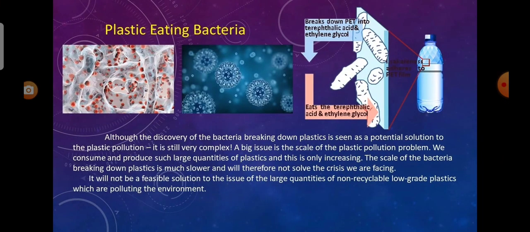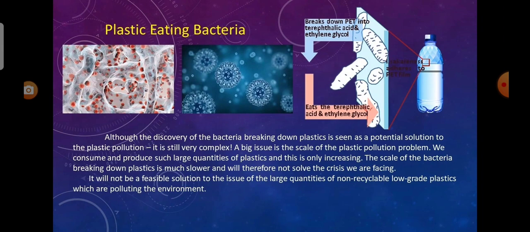When we talk about plastic-eating bacteria, although the discovery of bacteria breaking down plastics is seen as a potential solution to plastic pollution, it is still very complex. A big issue is the scale of the plastic pollution problem. We consume and produce such large quantities of plastics, and this is only increasing.